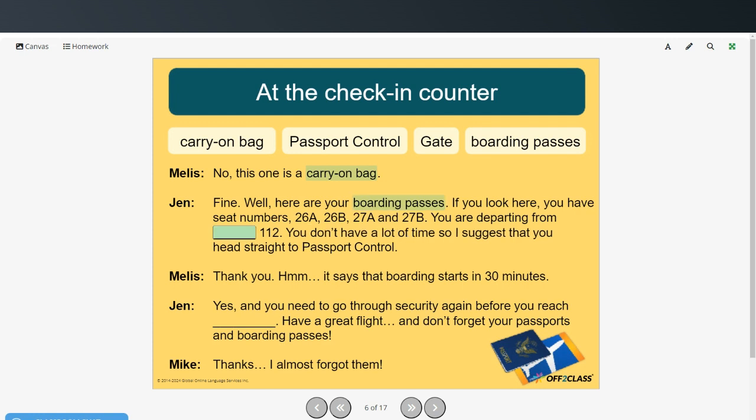You're departing from gate 112. You don't have a lot of time, so I suggest that you head straight to passport control. Thank you. It says that boarding starts in 30 minutes. Yes, and you need to go through security again before you reach passport control. Have a great flight, and don't forget your passports and boarding passes. Thanks, I almost forgot them.